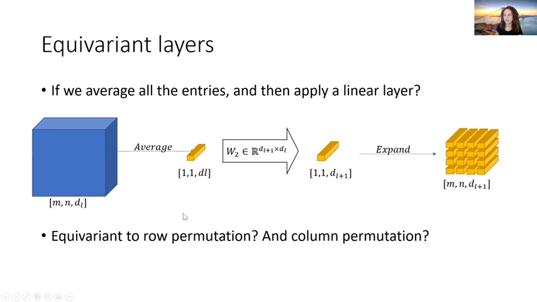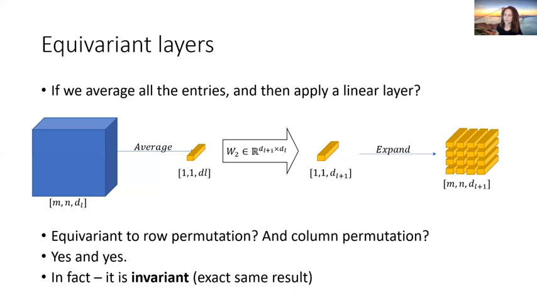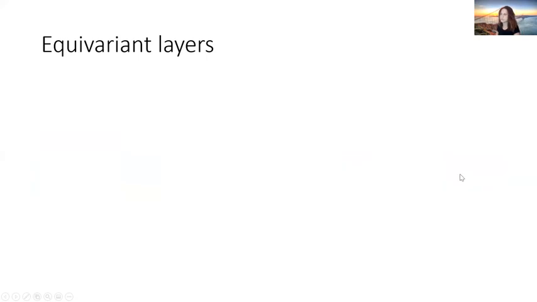So is this thing equivariant to row permutation, column permutation? Yes, and it's even invariant. Why is it invariant? Because once I average over the rows or over the columns, I actually lose all the information about the order. So it doesn't really matter what order the rows have or the columns, they still get to the same output in the end.